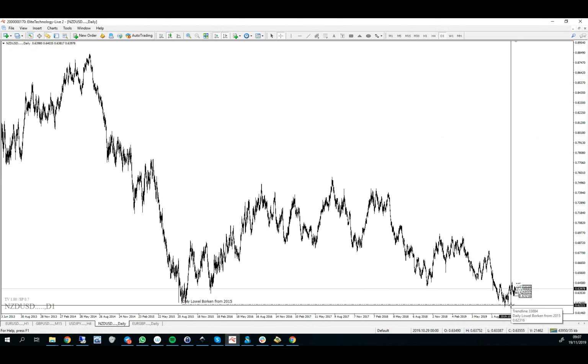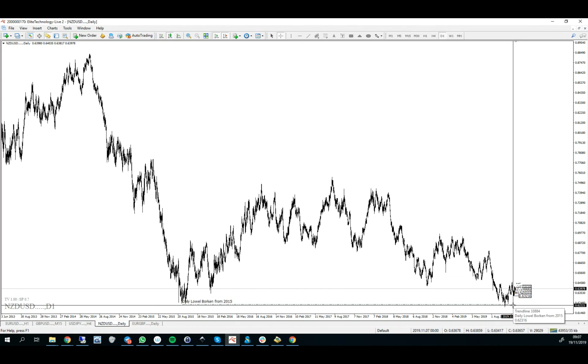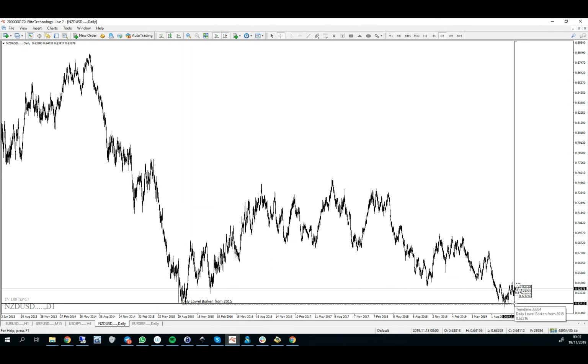This tells us that price may go lower, and it's only natural behavior for price action to have a rejection on a daily level around the 0.623 area.